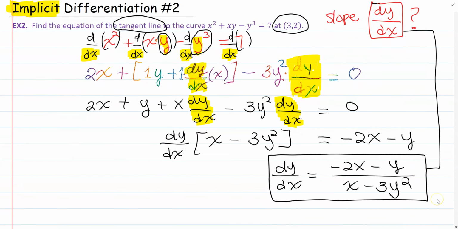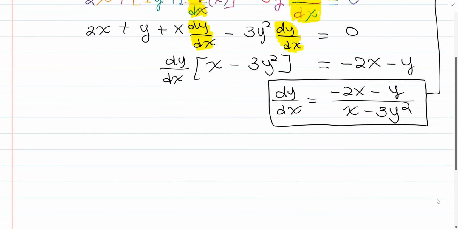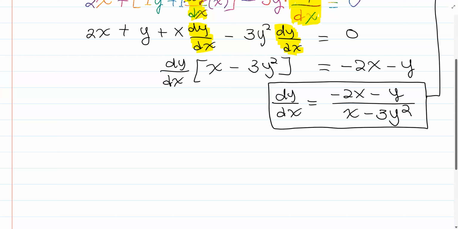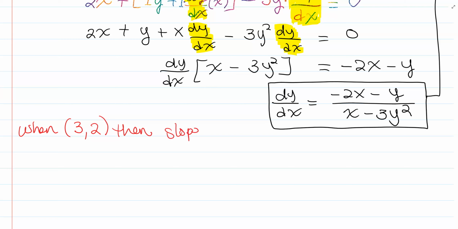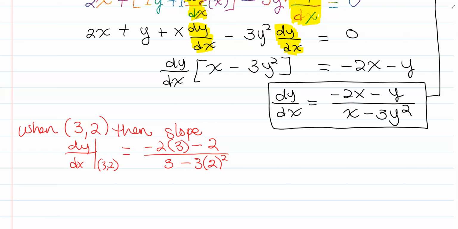Since the point is (3, 2), when x is equal to 3, y is equal to 2, then the slope of the tangent line will be dy/dx evaluated at (3, 2), which is negative 2 multiplied by 3 minus 2 all over 3 minus 3 times y squared, which is 2 squared.